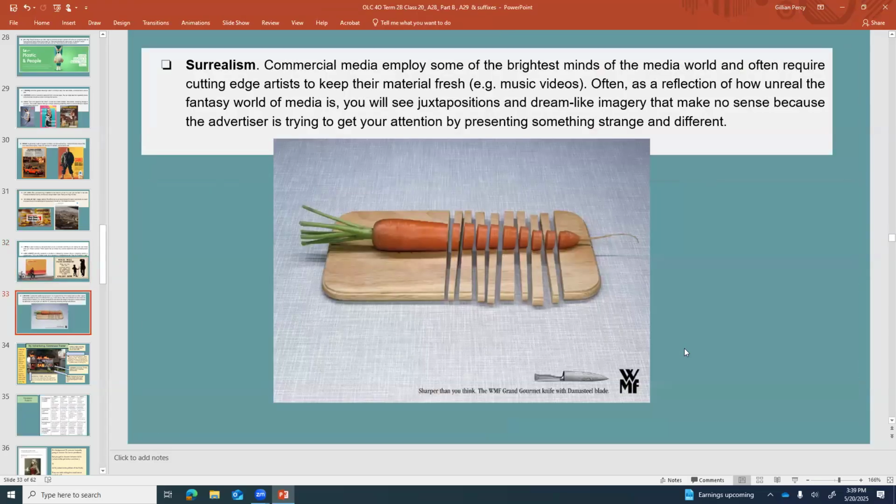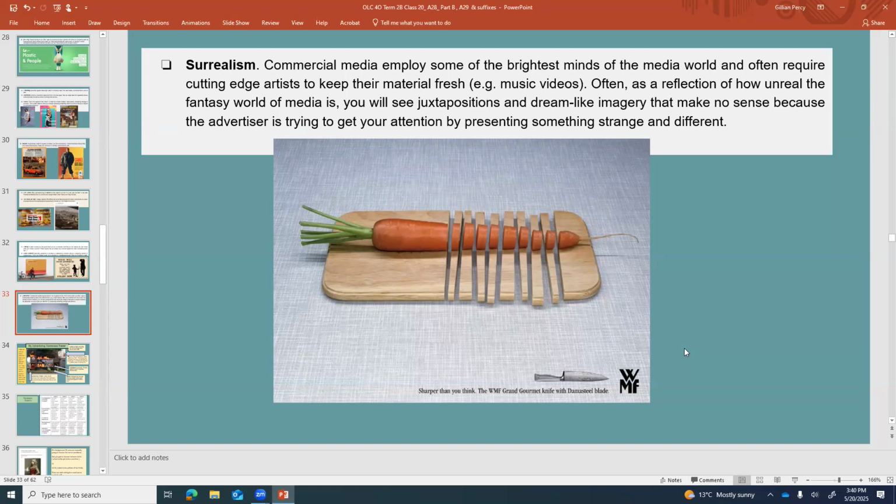And then surrealism. Surrealism is a kind of magical, dreamlike feel to things. It's based on a certain kind of art technique. If you've ever seen Dali's melting watches, that's surrealism. You'll see it a lot in music videos and sometimes in ads to catch people's attention by presenting you with something strange or different. So here they're selling this knife, and the tagline is "sharper than you think."